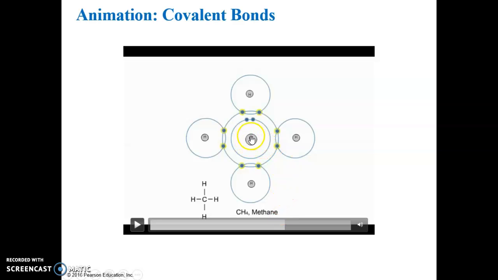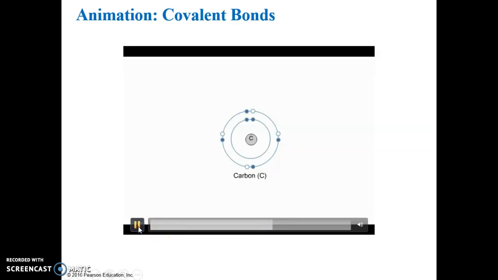Here's a carbon, and the very center is going to be the nucleus with protons and neutrons surrounding it, and the electron cloud or the electron shells are its electrons. Forming a methane. And the blanks here, the open circles, indicate additional electrons that carbon can pick up.